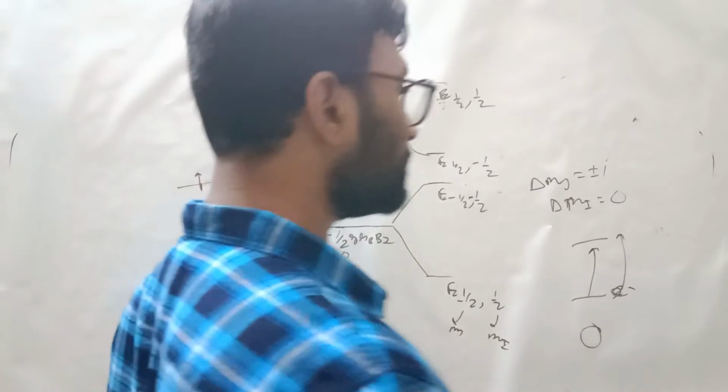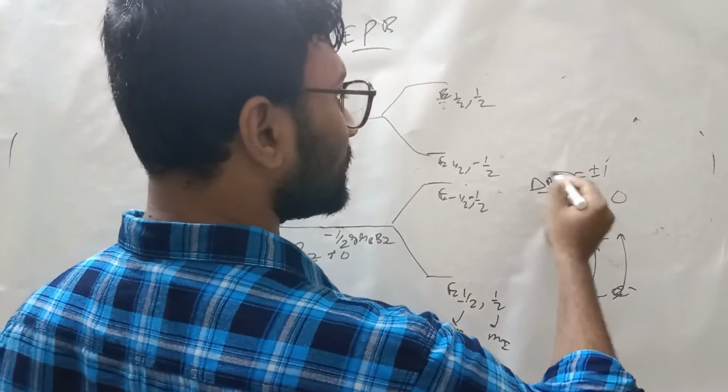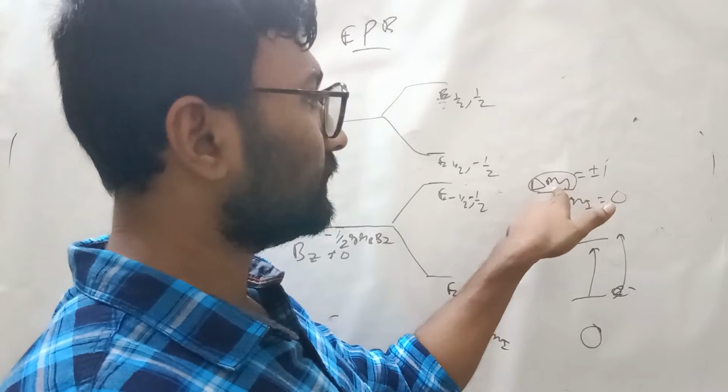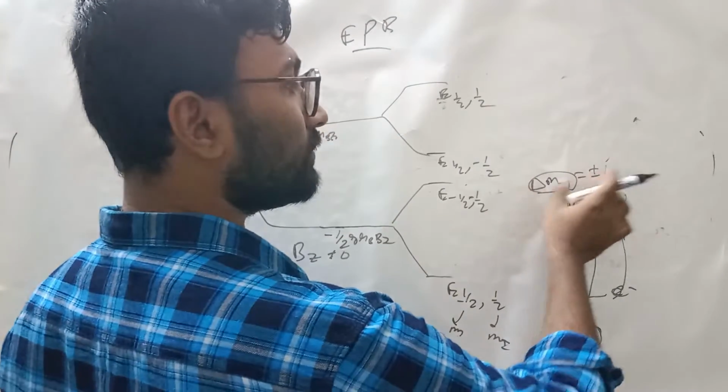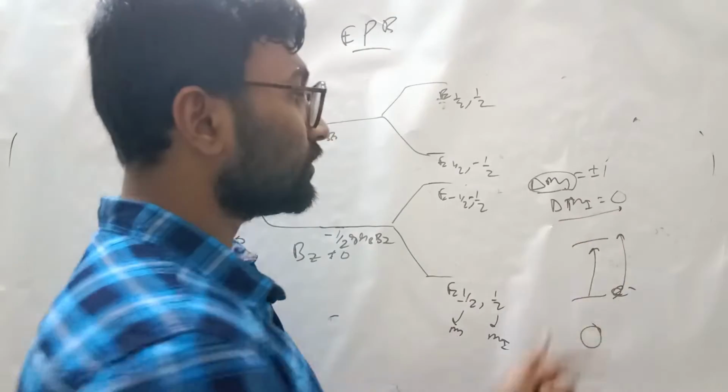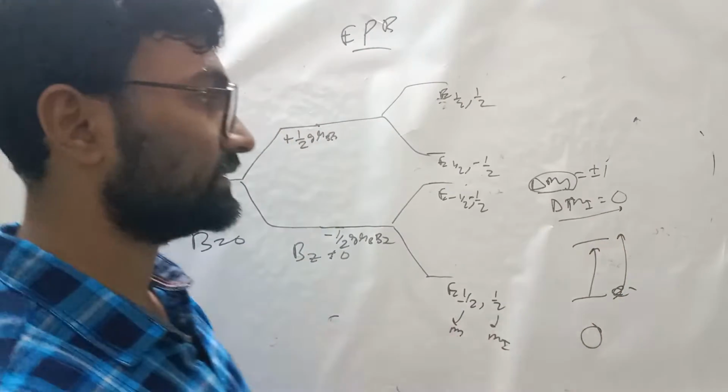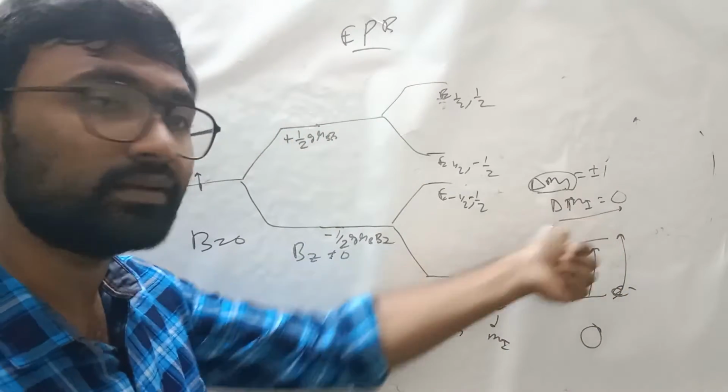So the spin magnetic quantum number is changing, meaning the spin quantum number will change, but the magnetic quantum number of the nucleus will not change. That is nothing but the Franck-Condon principle.